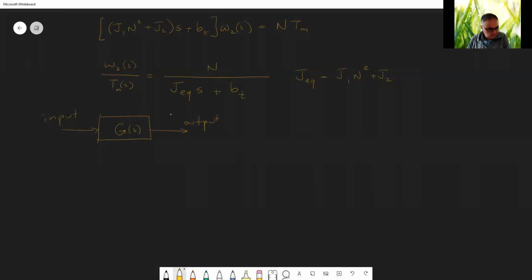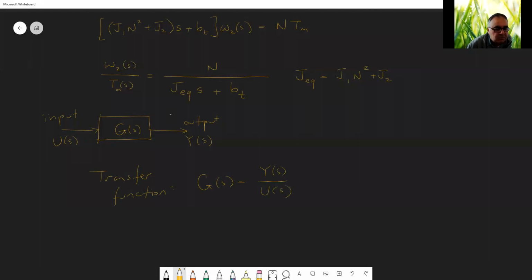So that, for example, if the input is U of S and the output is Y of S, the transfer function of this system, G of S, is output divided by the input.